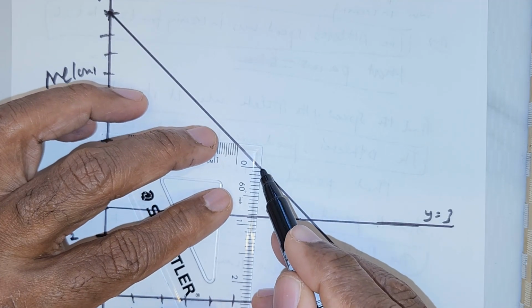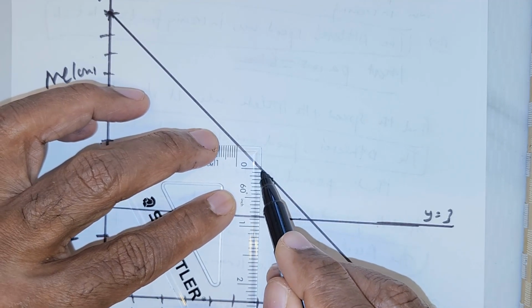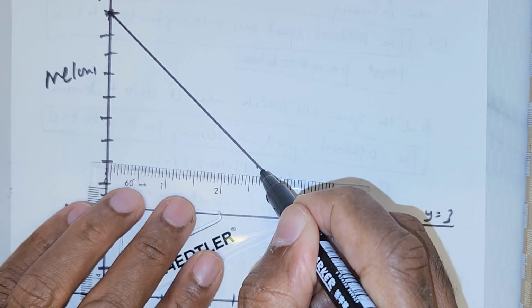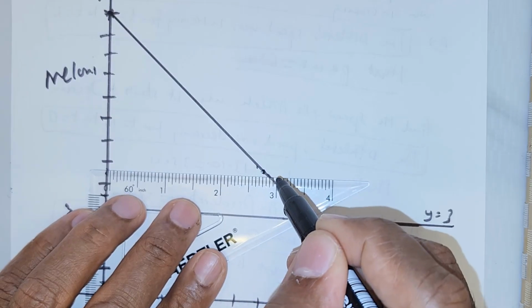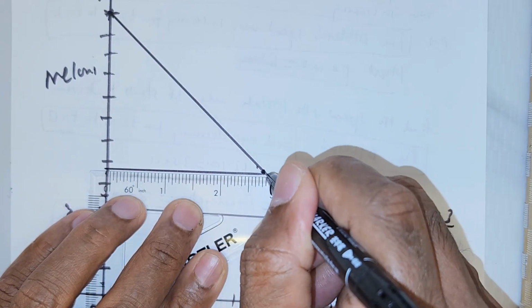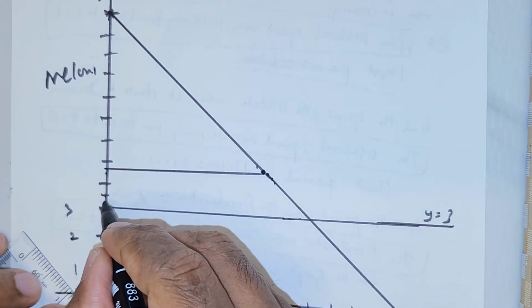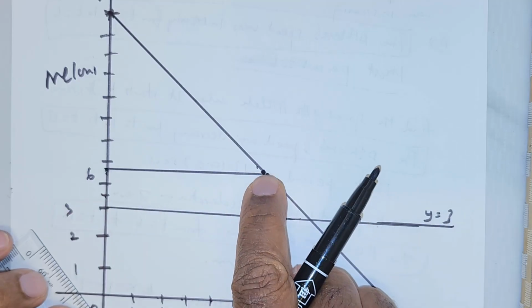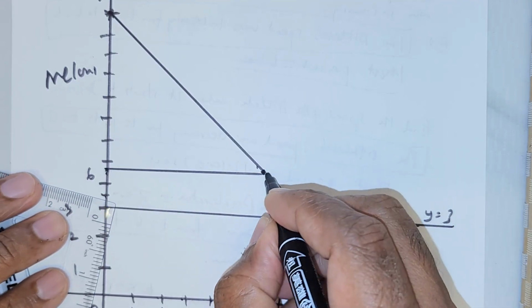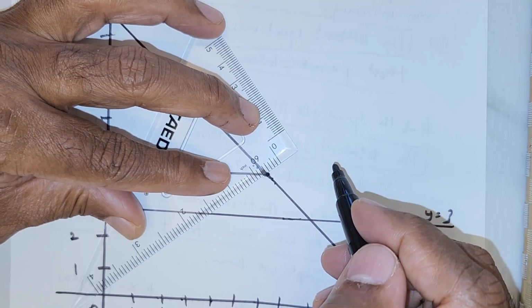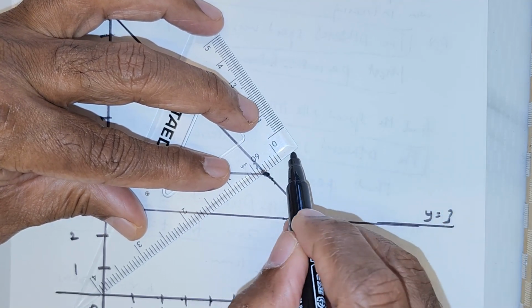So this point has to hit the intersection. That is the intersecting point there, 3, 4, 5, 6. You don't have to draw it, but I'm just showing it. So y is equal to x will be passing through this.